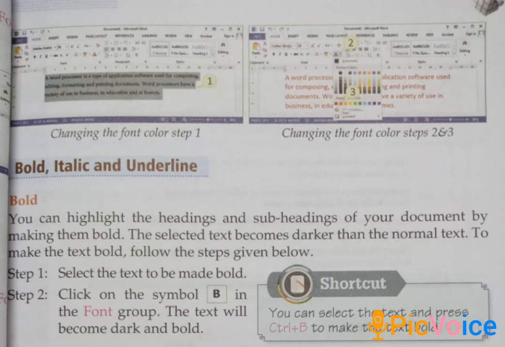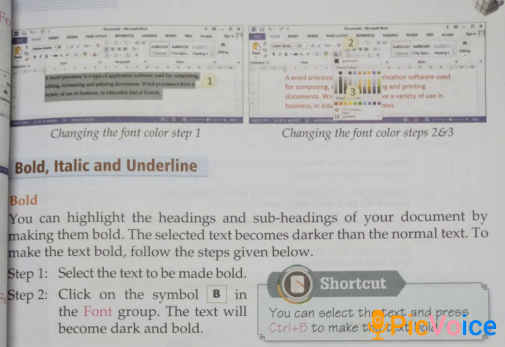Bold, italic, and underline. Bold. You can highlight the headings and subheadings of your document by making them bold. The selected text becomes darker than the normal text.